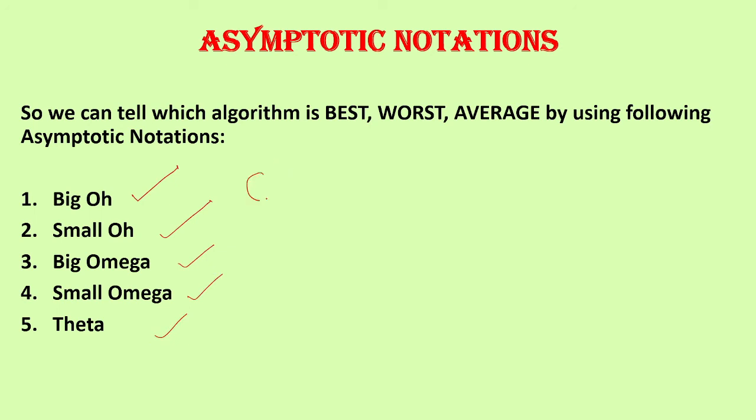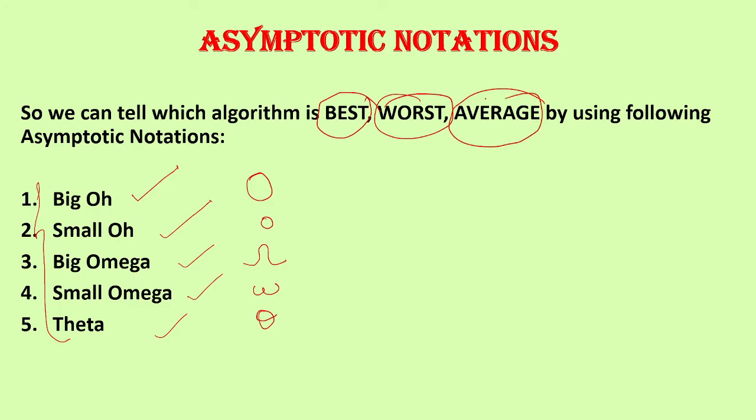Big O you can write like this, small o you can write like this, big omega is written like this, small omega we write as w, and theta we write in the form of theta. So these are the symbols used for these names. Using these notations only we tell whether an algorithm is best, worst, or average.